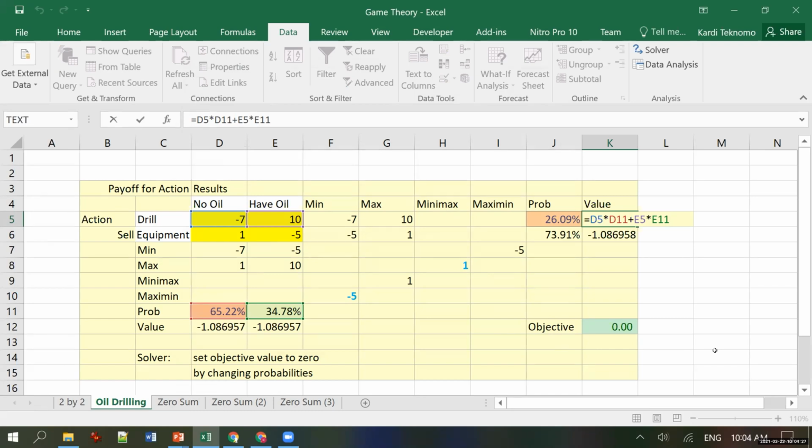I see. The same thing here: probability multiplied by the payoff of the columns, right? Here it is reversed, so this is payoff multiplied by probability of the row. I think that makes sense.